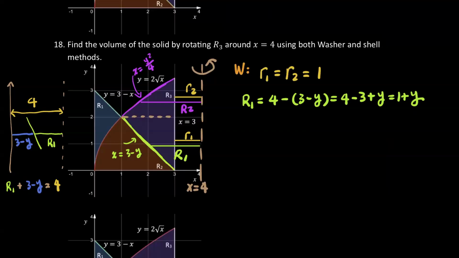Similarly, the big R2 is going to be 4 minus y squared over 4.